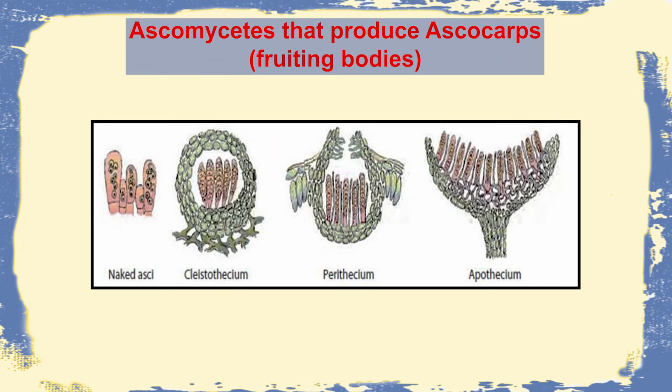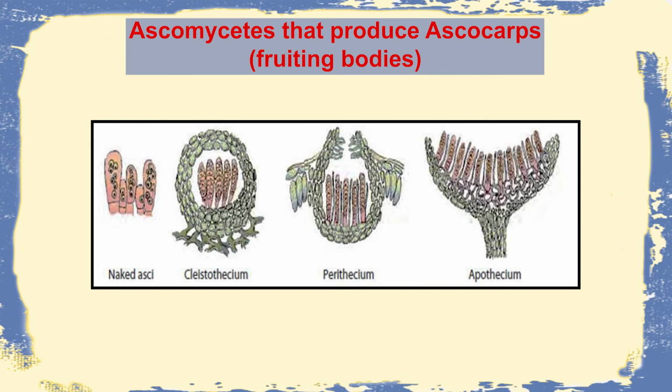And this particular group of fungi is divided into three major groups. The first one is the fungi which produces the ascocarp or fruiting body, and this group is called Pezizomycotina. They may include the naked asci and the cleistothecium, meaning the covering is done by mycelial structure which will not give any opportunity for the spores to disappear.